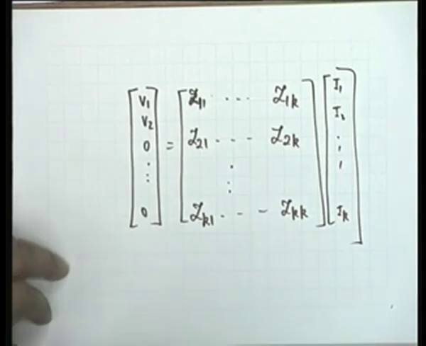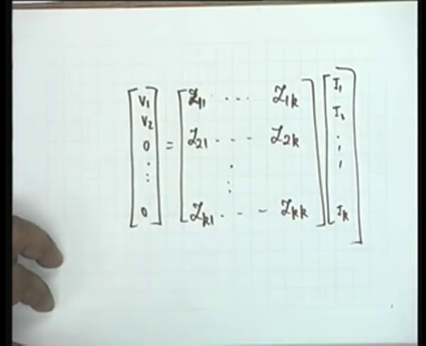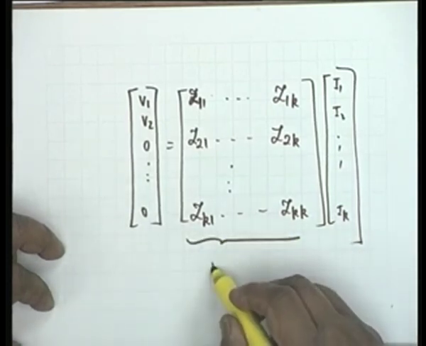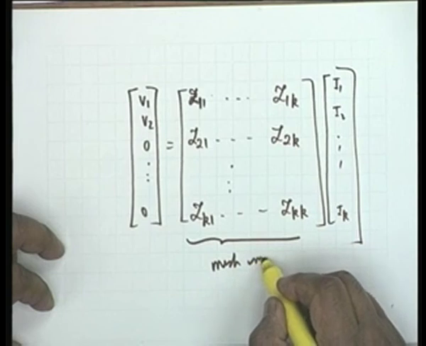This will be the type of set of equations that you get. And whatever we have said about the Y matrix, the nodal admittance matrix, also holds for the mesh impedance matrix.